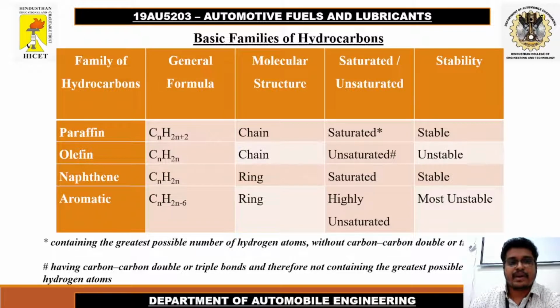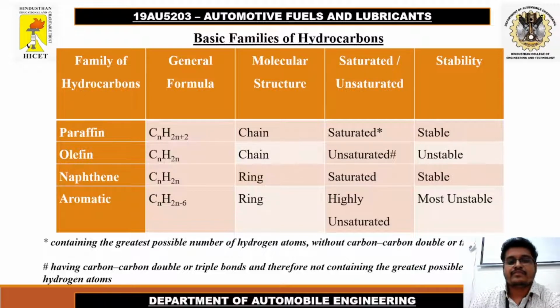First case, paraffin. Paraffin has the general formula of CnH2n+2. Here, C is nothing but carbon atom and H is nothing but hydrogen atom. This paraffin has a chain type of molecular structure and it is a saturated one.